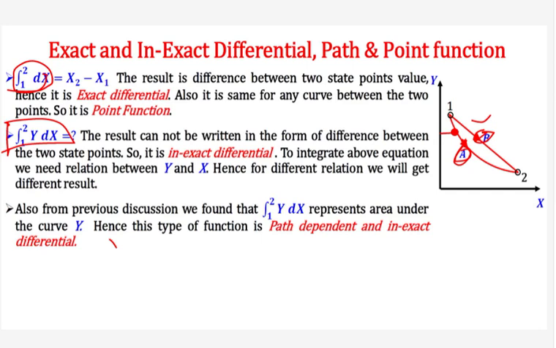No. So I am comparing these two actually. For two different graphs, if I calculate this thing, I will get x2 minus x1 only every time. It doesn't matter which path it is following from state point 1 to 2. But for the other, this integral depends upon the path, so it is a path function and it is an inexact differential.